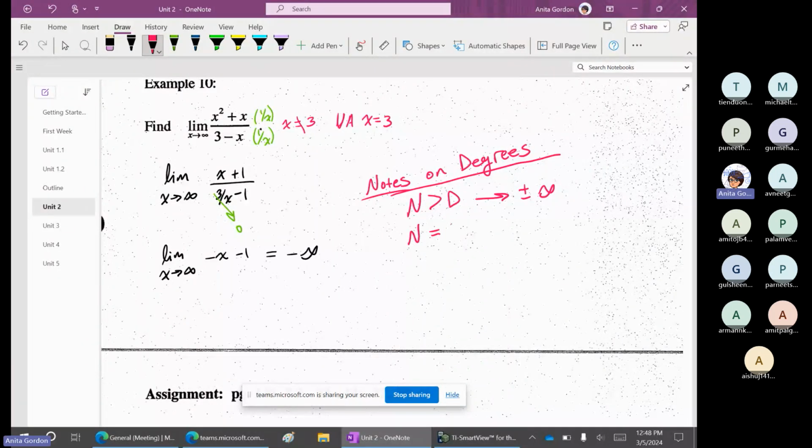If the numerator equals the denominator, so for example, we have an x squared function and an x squared function in the bottom, typically this will give us a ratio of leading coefficients. And if the numerator is a smaller degree than the denominator, we will typically see it go to 0. And we're talking about the degrees in the numerator and denominator, right?